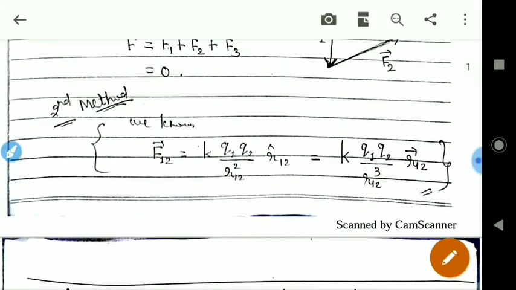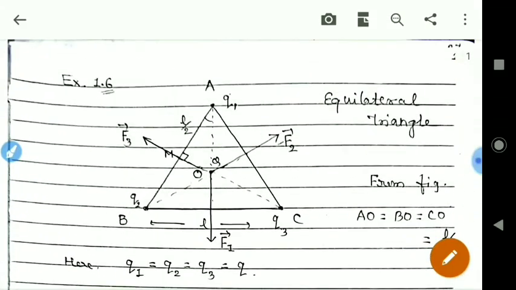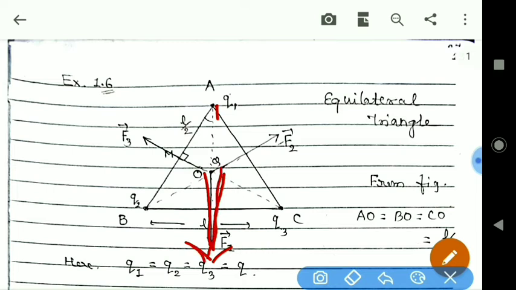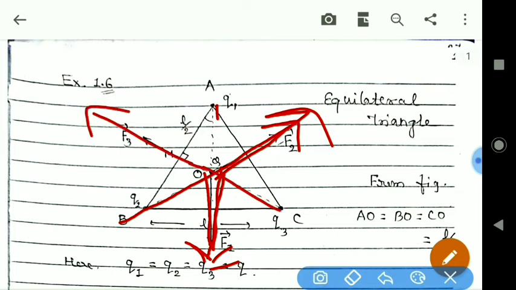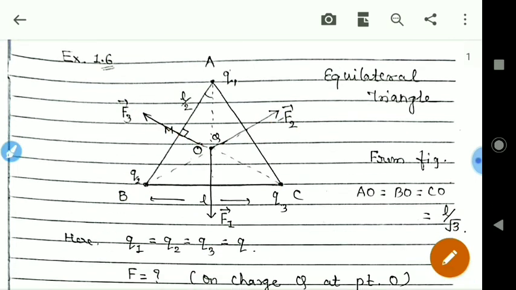I will show you this direction from the figure. You can see this is the direction of force F1, which is from A to O side. The direction for the second force is this, which is from B to O side, so it is BO direction. And the third is the direction from C to O. Why are these directions away from the point O?